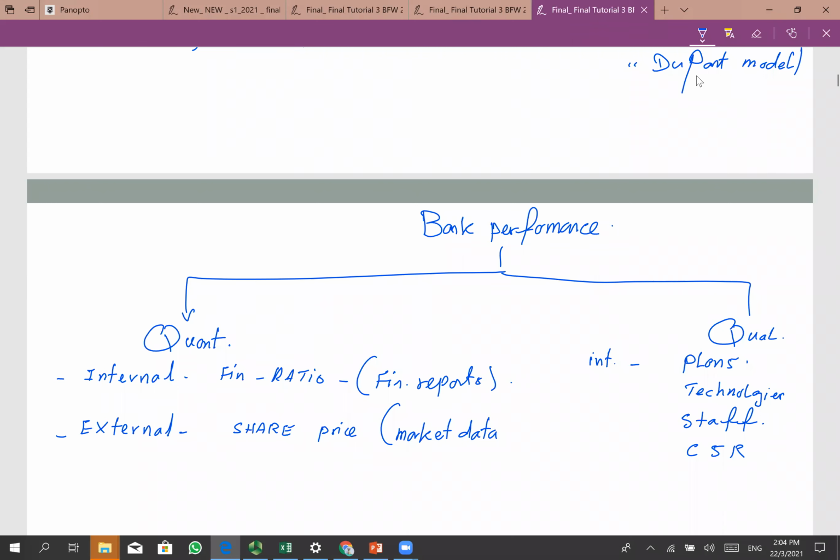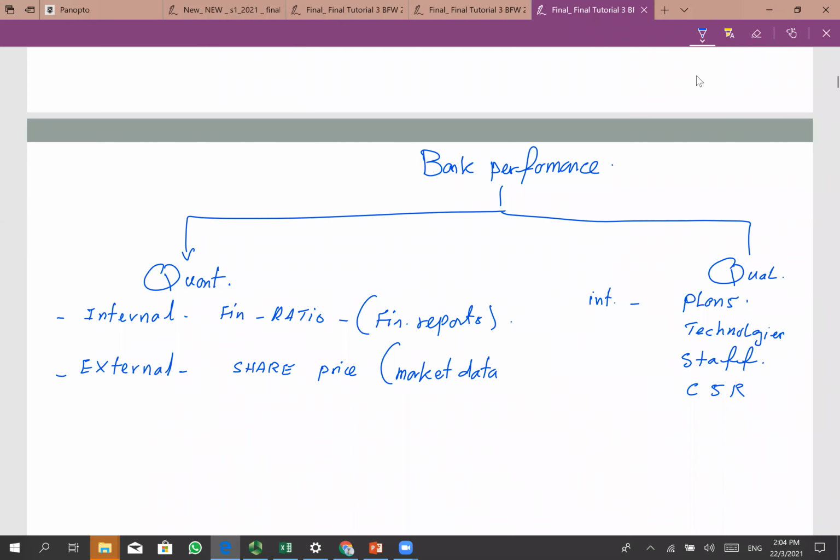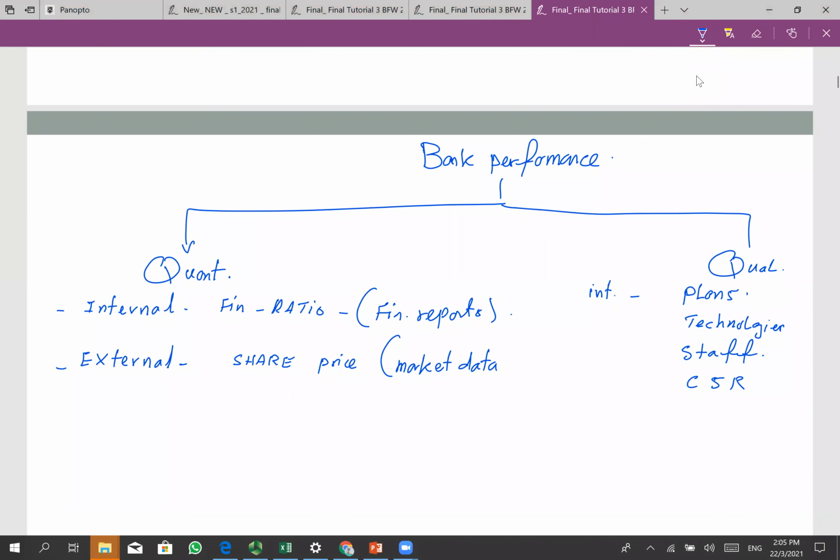Now, the external, which is qualitative, we are talking about the public perception, and how we are doing with the regulations.